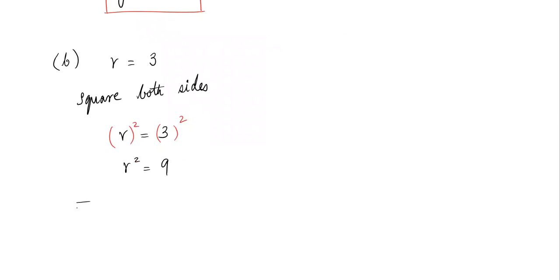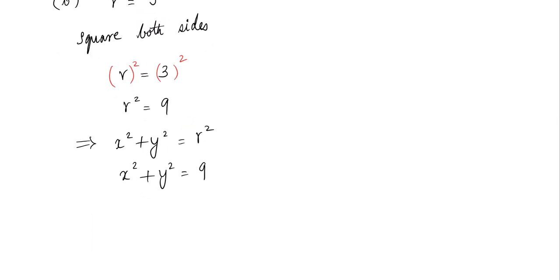Therefore, you can go into the x squared plus y squared equals r squared formula and simply insert 9 for r squared. And that equation actually resembles the template of a circle, right? Equation of a circle. So this is the equation. Being familiar with these templates and how they look is very essential to knowing what the shape will be.